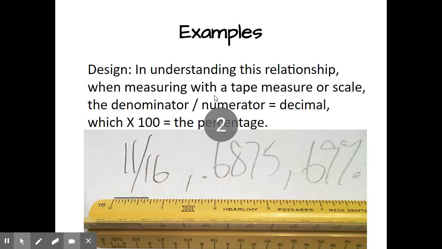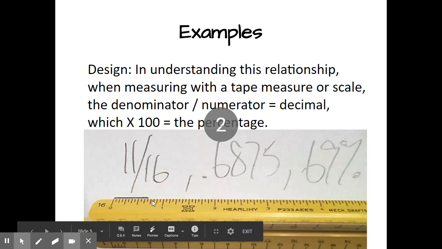So to put that together, if I'm measuring with a scale, as you see in this image, and I have a line drawn on a piece of paper, you can see from the increments on this tape measure that there are 4, 8, 12, 16 increments from 0 to 1. That means that every increment represents a 16th.